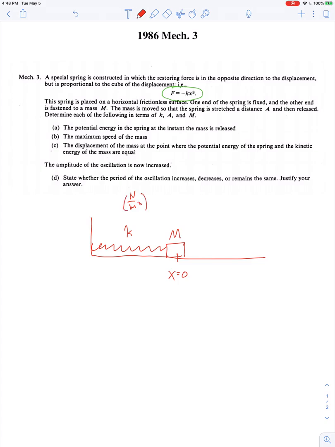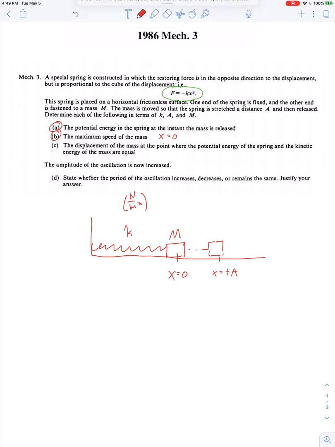If we pull this object back some distance, so it momentarily sits at the position x equals positive A, we need to figure out the potential energy, and how fast the block is going to go when it passes back through the equilibrium position. For sure, the maximum speed must occur when x equals 0.